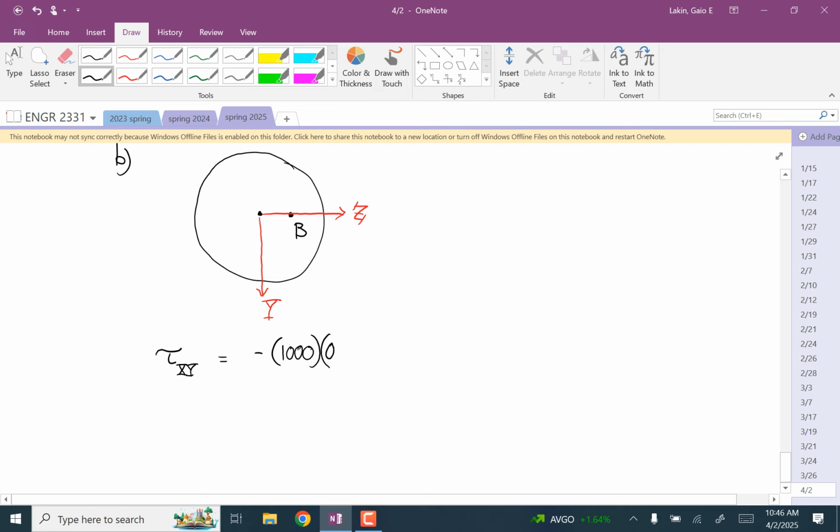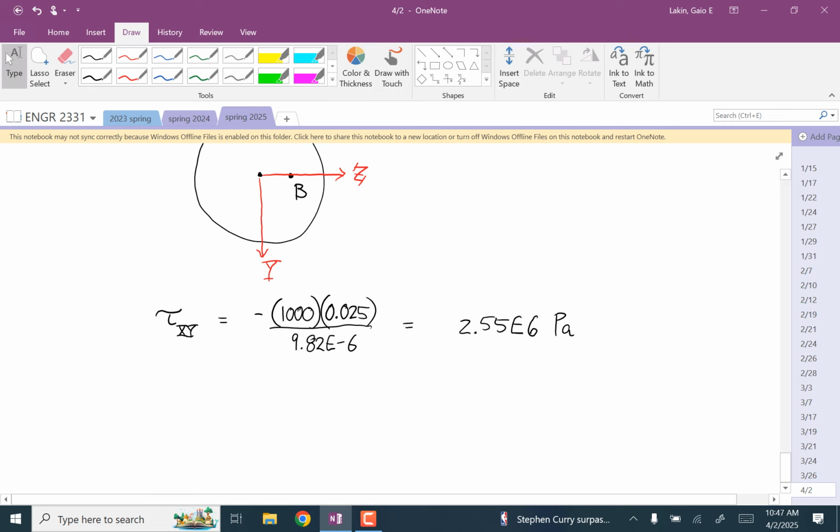Yep, half of the radius, divided by 9.82 times 10 to the minus 6. And so that's negative 2.55 times 10 to the 6 pascals.